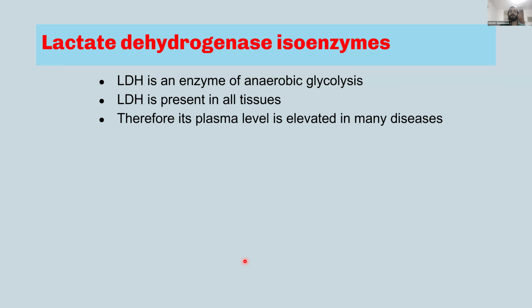That's why it's non-specific for diseases in general. But it has specificity in terms of ischemia. If you see an increased level of this enzyme, this tissue has ischemia and was exposed to decreased oxygen, so it went into anaerobic glycolysis.